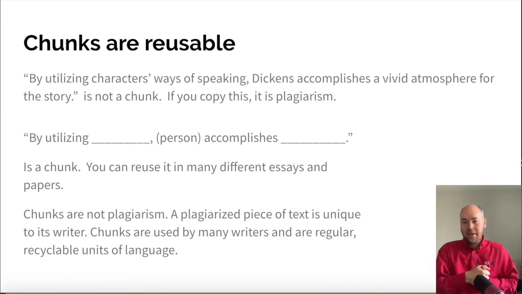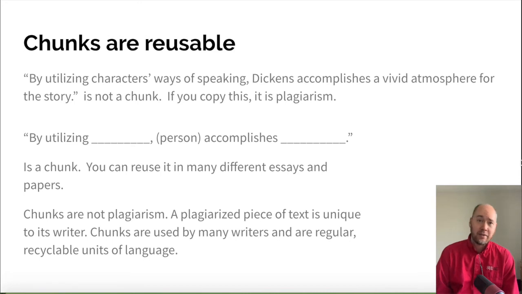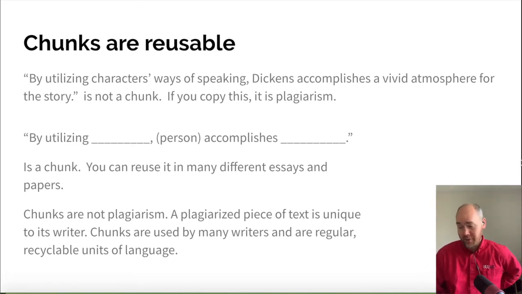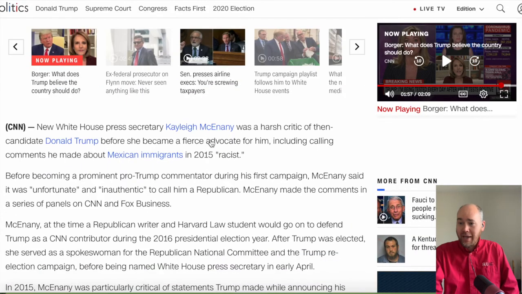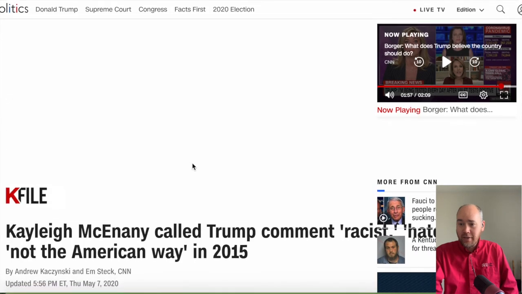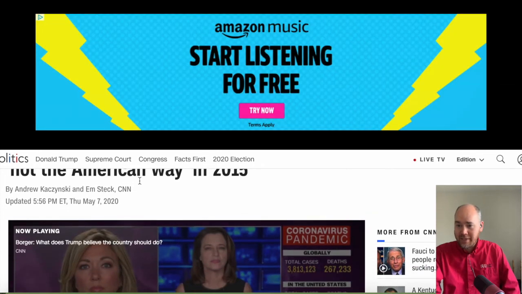Okay. So I'm going to show you a tool that you can use to find the difference between a chunk and what might be plagiarism. And I hope you'll use that as you're looking for chunks that you can use in your writing or your speaking. So let's go on a chunk hunt right now. I was reading the news earlier today. It's May 7th, by the way. And I saw this article about Trump's press secretary.